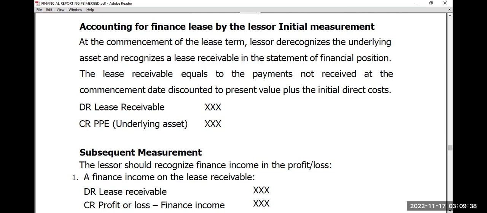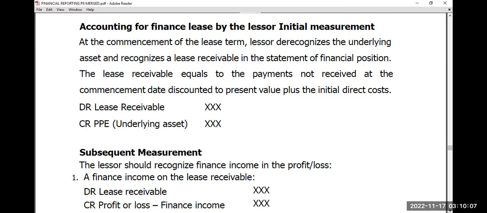So when we are writing off the PPE, if the asset was a PPE, of course it was debited, so when we are writing it off, we credit it, and then we debit lease receivables.